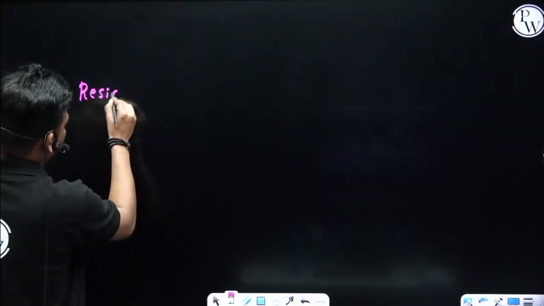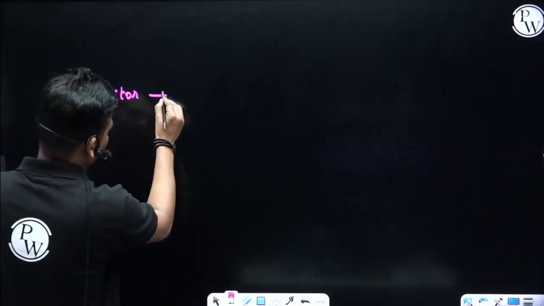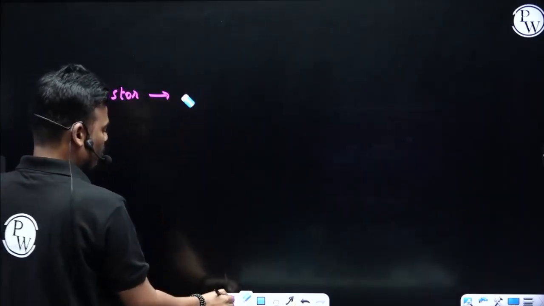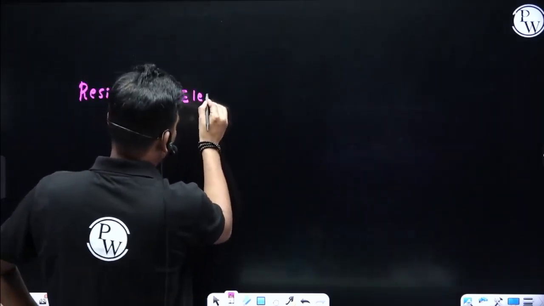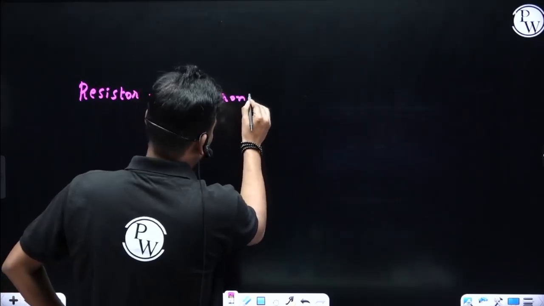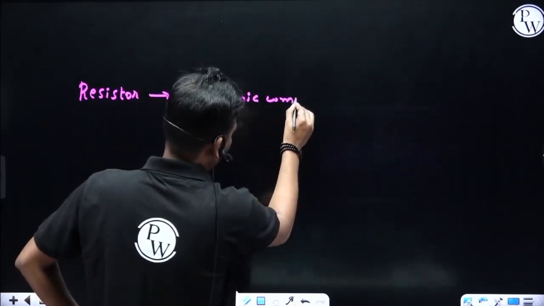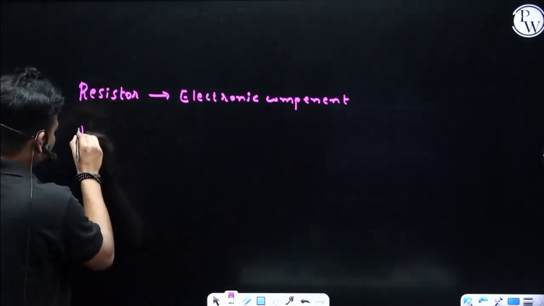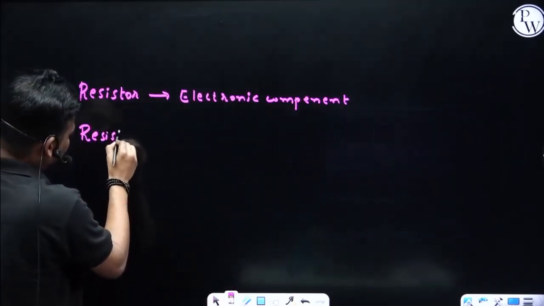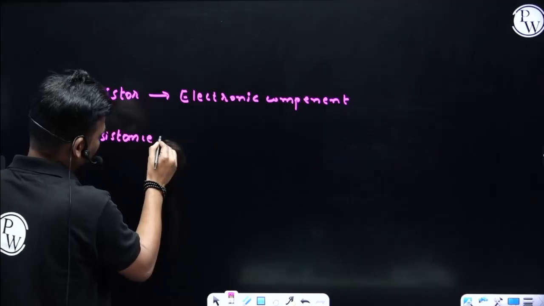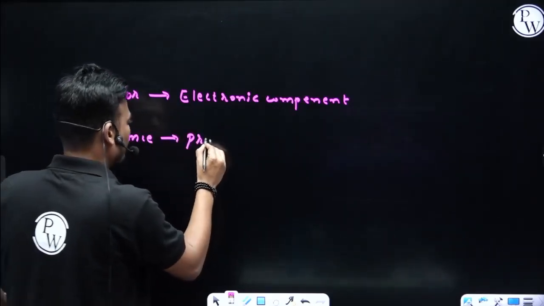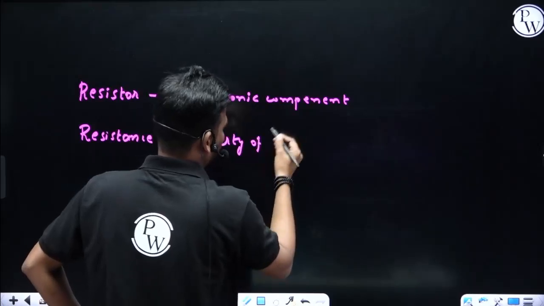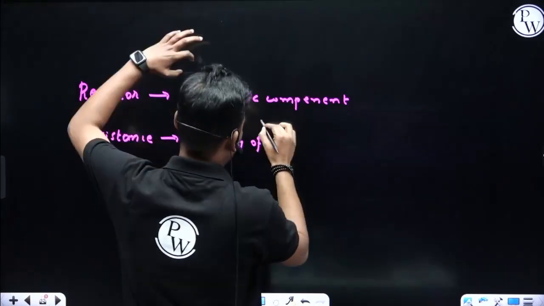Resistor is an electronic component. Resistance is the property of this component.